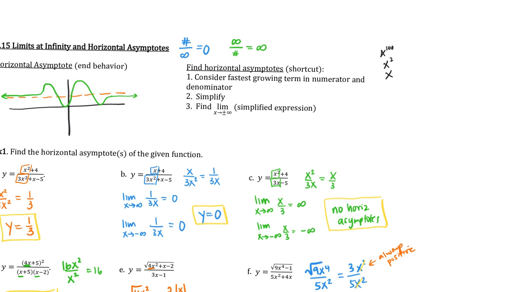What could grow faster than x to the 100? If the x is in the exponent. So if I do 2 to the x, that's faster growing than x to the 100th or 1000th or millionth. If I change the base, I can make it even bigger, e to the x. If I go higher than e, maybe like 8 to the x, changing the base is going to make it faster growing. So on this list, as x approaches infinity, this is the fastest growing.